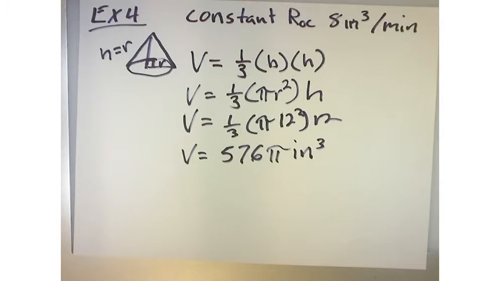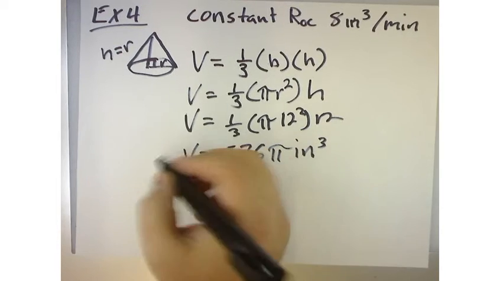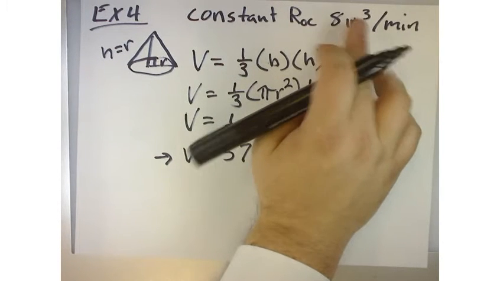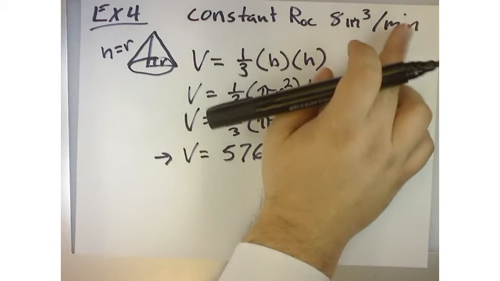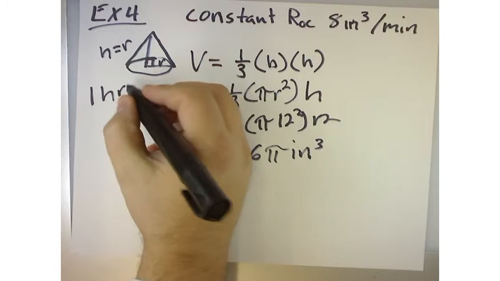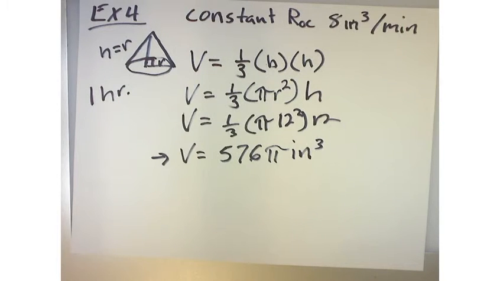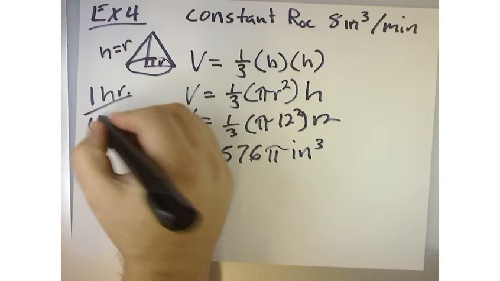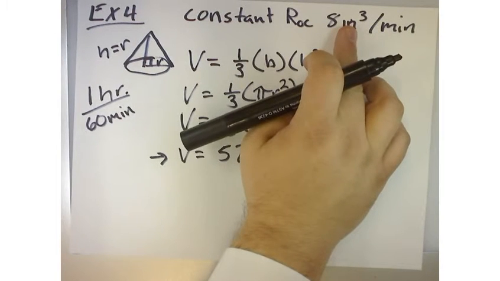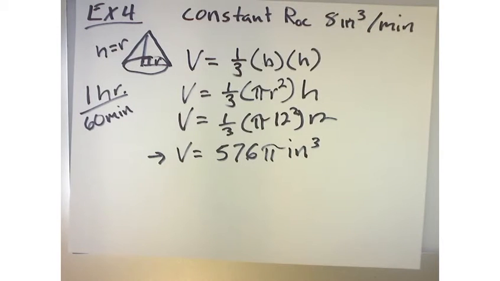Now here's the thing. This is the volume. And the volume increases at 8 cubic inches per minute, but it asks us about how much it will change in 1 hour. Well, how many minutes are in an hour? 60, right? So how do I figure out how much the volume changes in 1 hour?